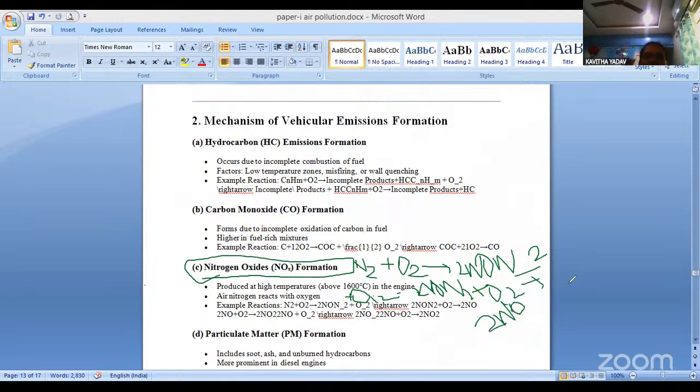So the example reactions are the incomplete formations: 2NO, 2NO2. These are the incomplete products of nitrogen oxide formation.